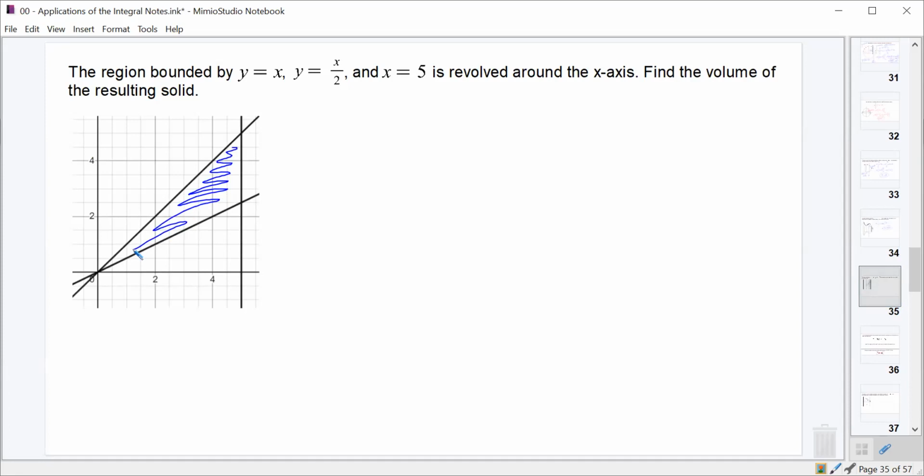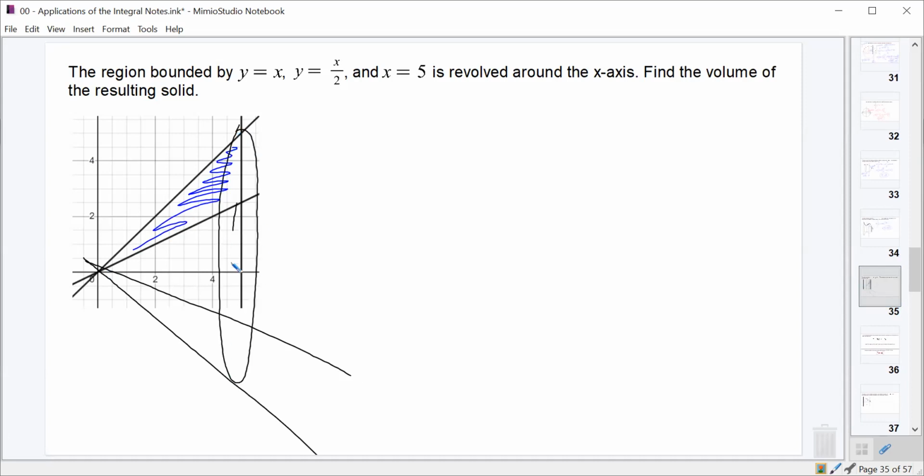So if we do that, I think we should note that the difference here is we don't actually end up with a circular cross-section, right? Because as we revolve this around, this gap that I'm going to kind of shade in here in red is causing a big cone-shaped hole in the middle of our bigger cone.